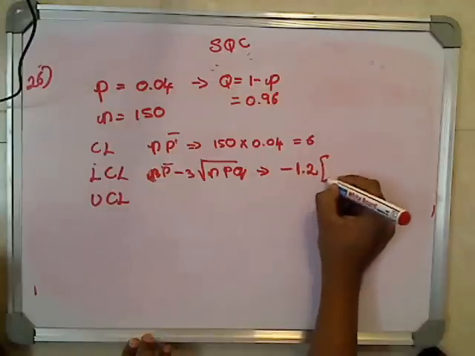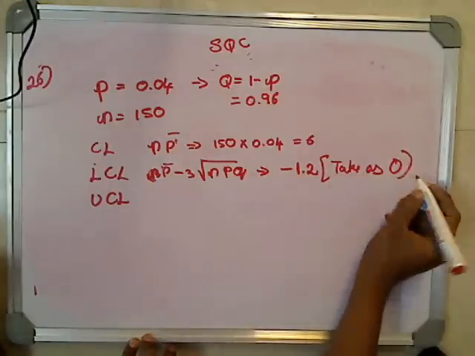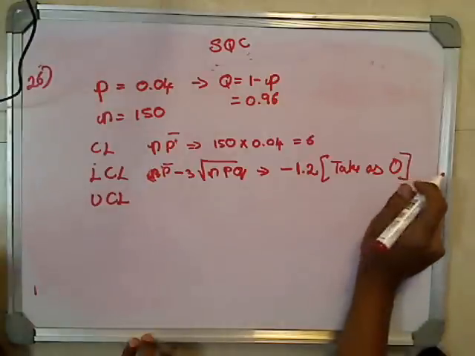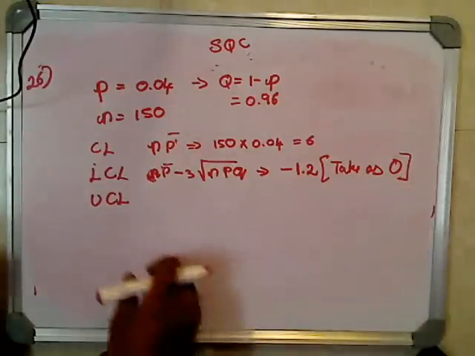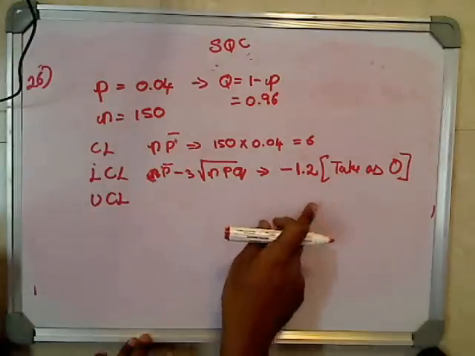And when you have a negative value, you end up taking it as 0, because it's not really possible to get negative defects on something. You can't really say that the number of defectives here is minus 1.2. So rather than that, you take it as 0.